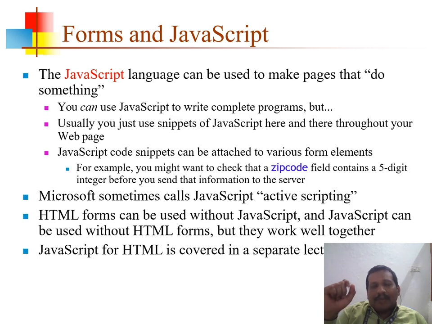It can also be attached to various form elements to retrieve the information for the web server. It is sometimes called active scripting. HTML forms can be used without JavaScript, but they can also be used with JavaScript, and both work very well together.